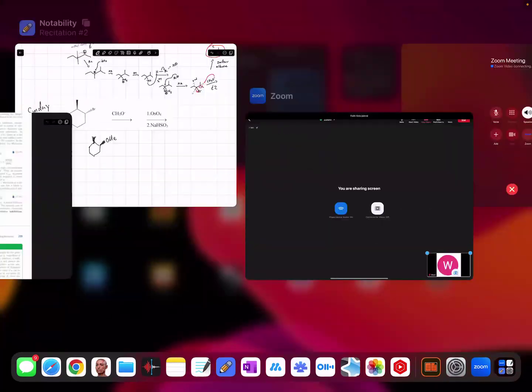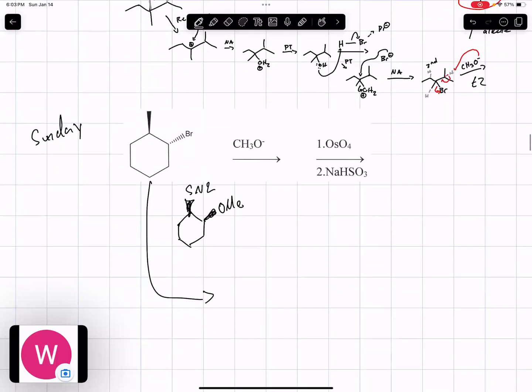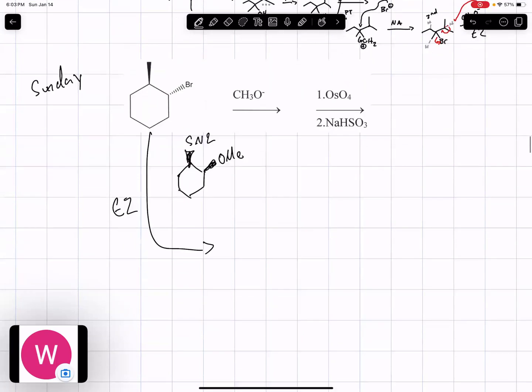But here in this case, secondary substrates are more likely to go, this is the SN2 product, are more likely to go E2, correct? And it's an argument of what's faster.